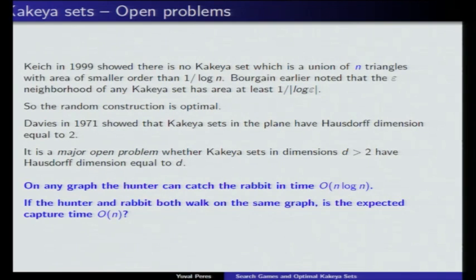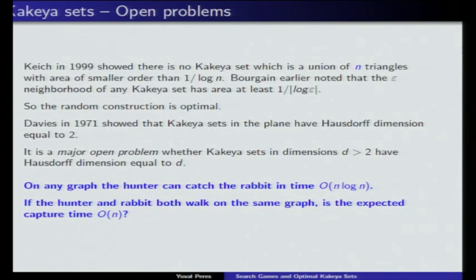It's easy to build a Kakeya set of zero volume just by taking the planar Kakeya set and lifting it, right? Take the product with a unit segment, and you get a Kakeya set in R^3 with zero volume. But is there a more interesting construction? Is there something of Hausdorff dimension lower than 3?